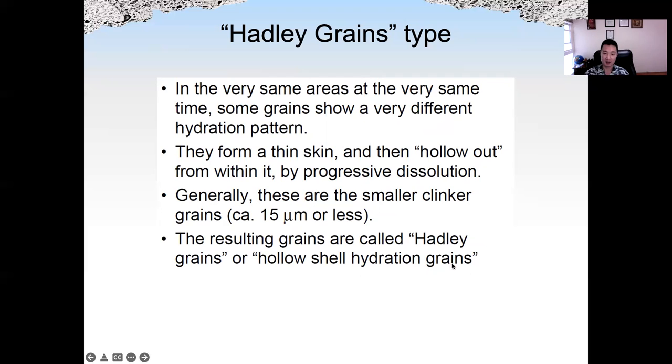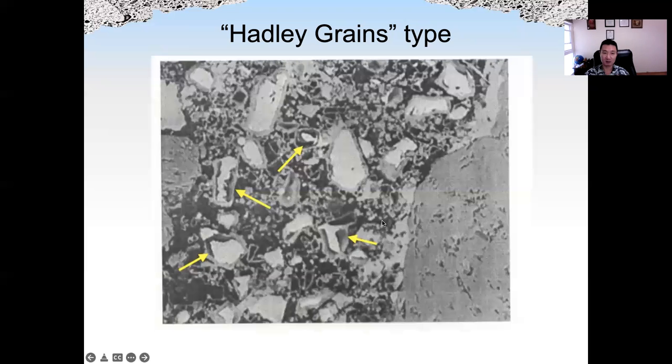Okay, as we can see in this picture. Okay, look at here. The brightest color again is unhydrated cement, and this layer is CSH, the Hadley grain.